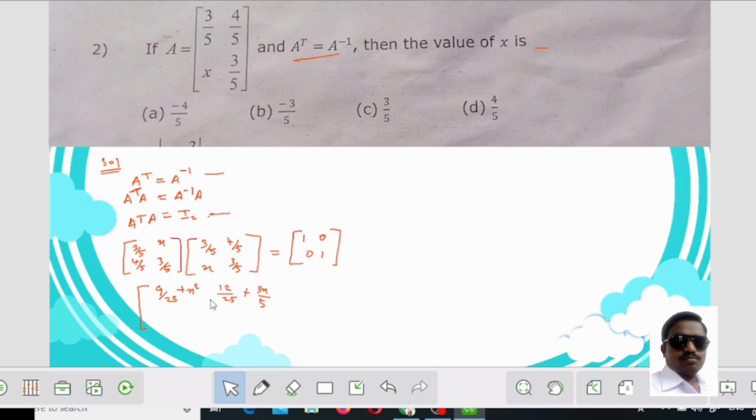This is the second term. It's enough for us. There is no need of writing the third term and fourth term. So you equate this matrix to 1 0 0 1. Now equate this.